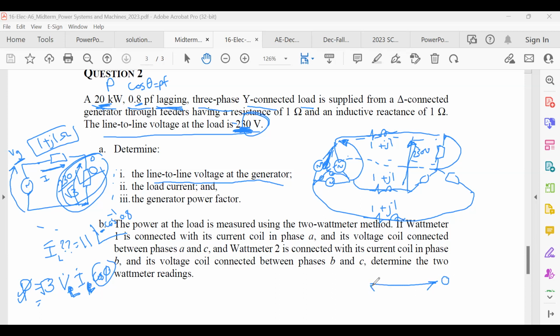So if it's lagging, it will come after, right? So lagging means it's a negative sign, because I'm taking the voltage here as a reference. You calculate this current multiplied by this impedance, and then add this voltage, you will get this voltage magnitude and angle.